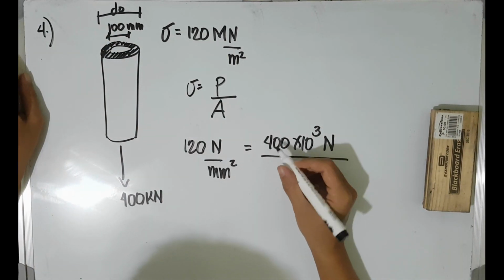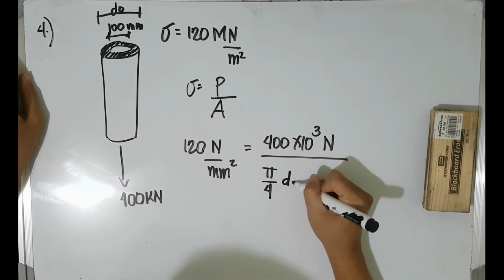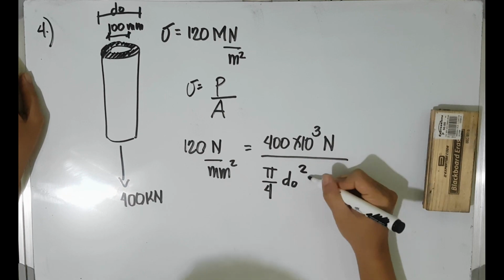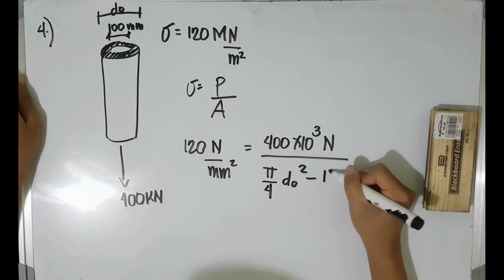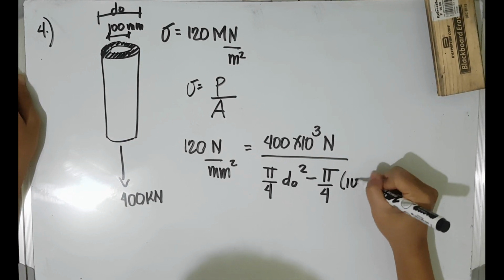Since this is a hollow steel tube, we'll be considering the difference of the area covering the outside diameter and the area covering the inside diameter.